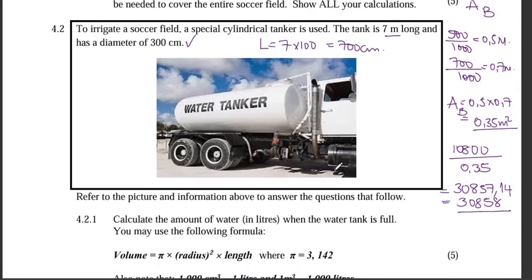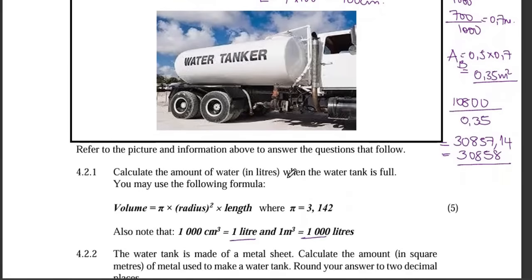centimeters. Then we substitute into the volume formula: 3,142 times the radius squared times the length. The diameter is 300, so the radius is 300 divided by 2, which is 150.